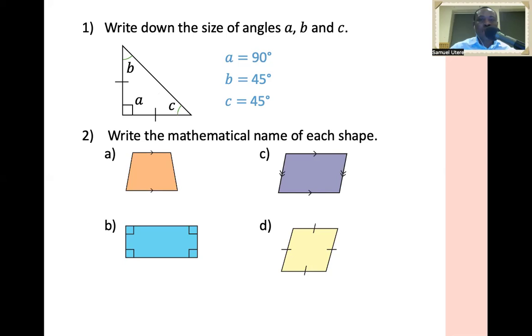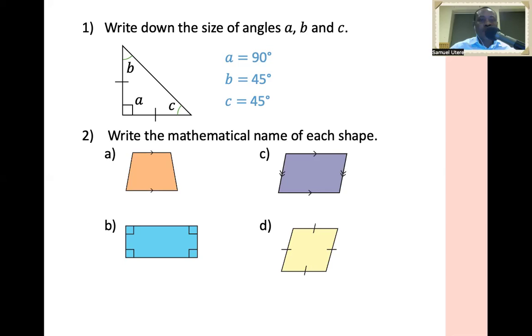Using our triangle knowledge, we know that 180 minus 90 degrees is 90 degrees. So we have 90 degrees left for B and C to share. Since B and C have to be equal, B and C should be 45 degrees each.